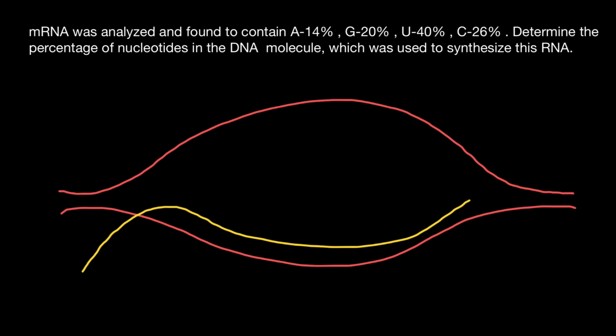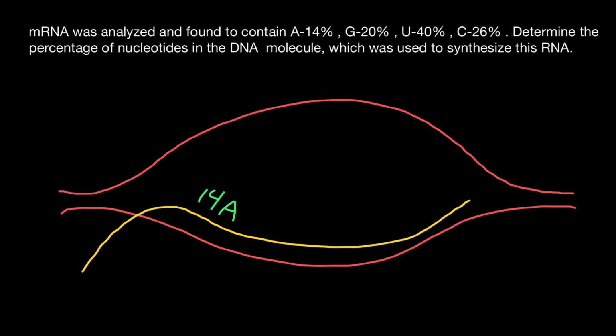In order to simplify this problem, I think we can add these numbers and we are going to get 100. So 20 plus 40 is going to be 60, plus 26 and 14 is going to be 100. So we can convert these percentages into number of bases. If adenine is 14%, that means 14 adenines.